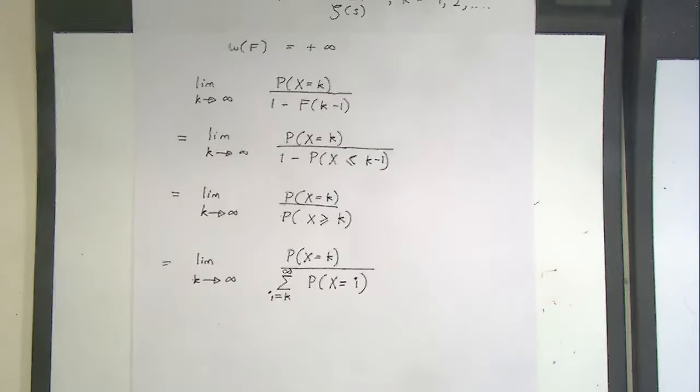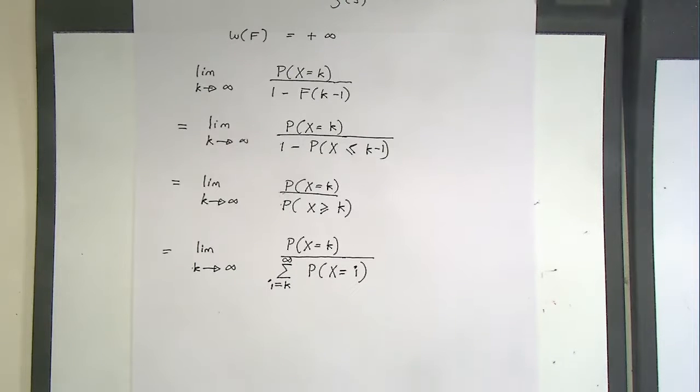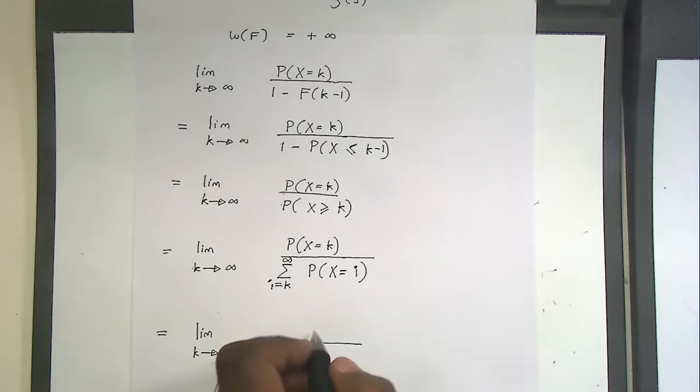Okay, and you can write the probability that x is greater than or equal to k as the sum of the probabilities x equals i, from i equals k to infinity. Okay. Now this is where I'm going to introduce the, this is where I'm going to.